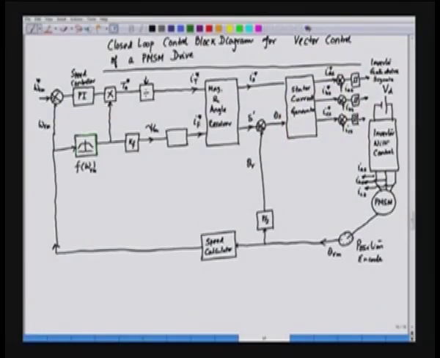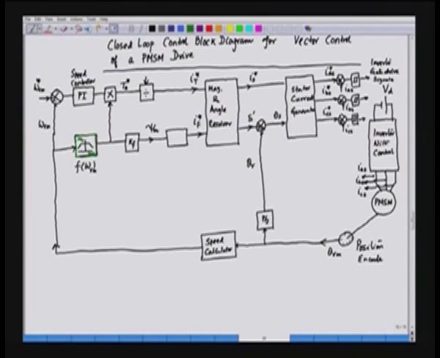This functional block has a typical characteristic. Up to the base speed, the flux remains constant. So, this basically gives us psi m versus omega Rm. The x axis is omega Rm and the y axis is psi m.